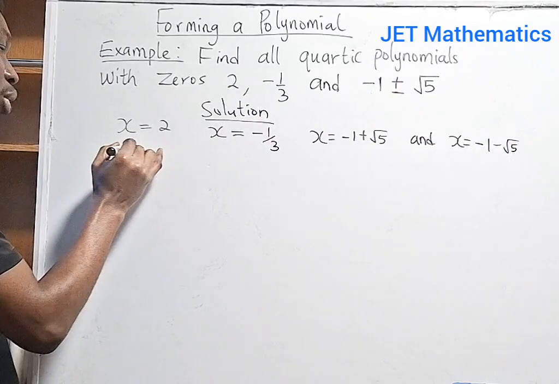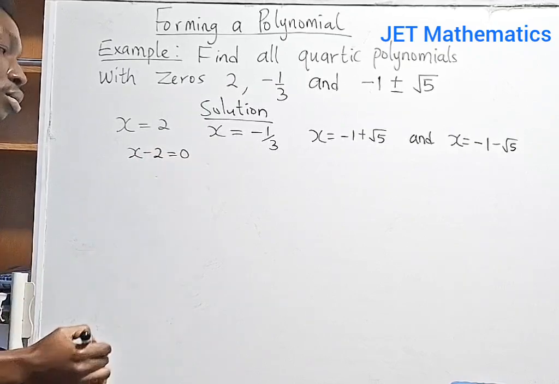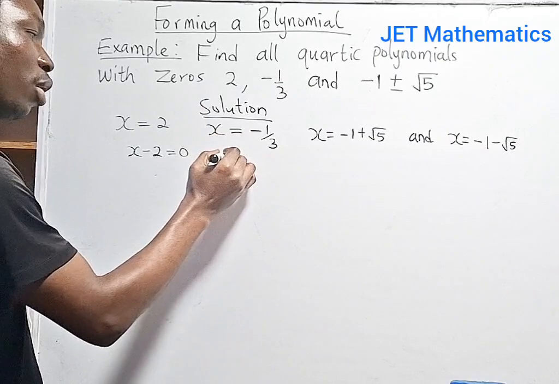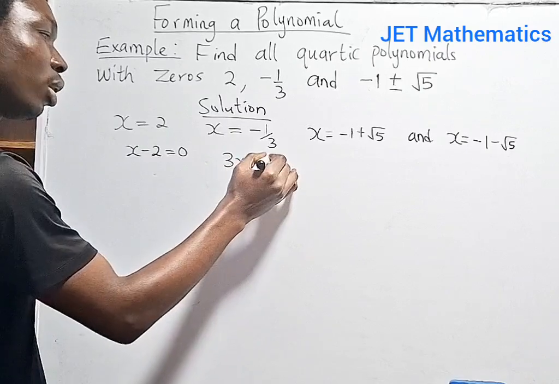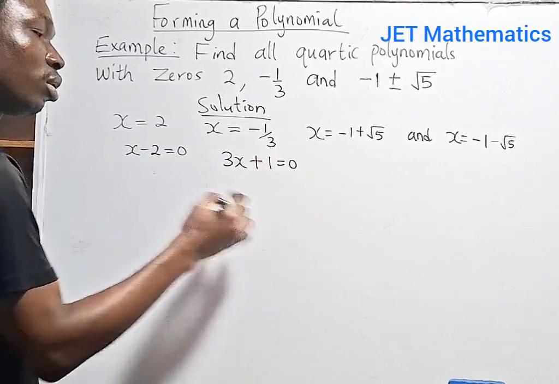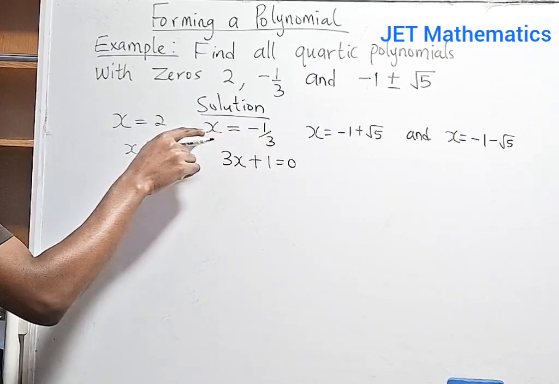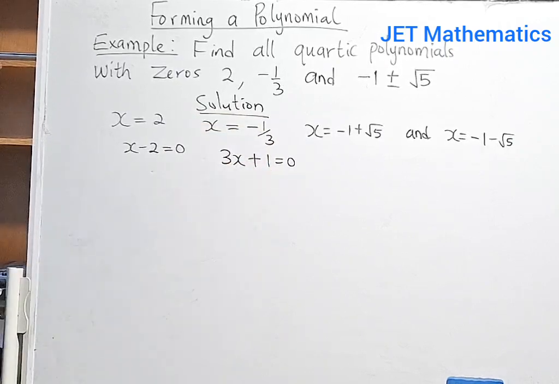So from here we know that x minus 2 is equal to 0. From here we have that 3x plus 1 is equal to 0. That is, if we take 3 here, 3 times x gives us 3x equals minus 1. Minus 1 comes here, so you have 3x plus 1 equals 0.